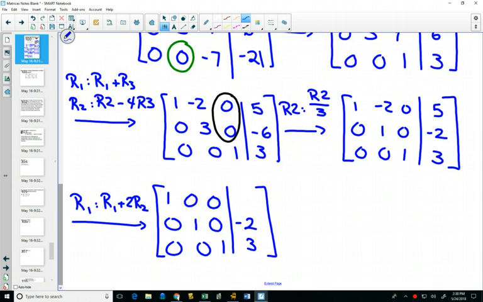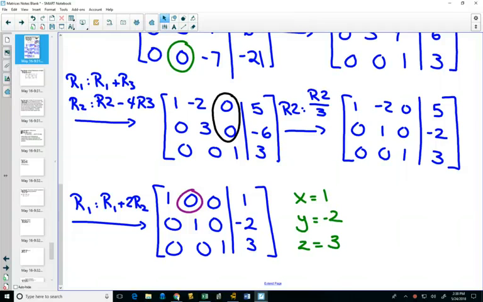Make this a 0, and make that a 1. We've succeeded in getting this to be 0, and because we already had a 1 in the top left-hand corner, we are done. We know at this point that x is equal to 1, y is equal to negative 2, and z is equal to 3.